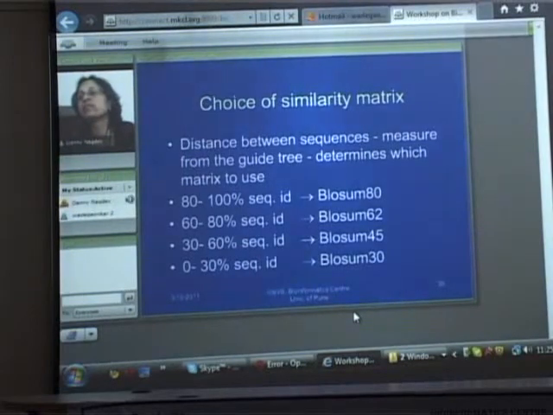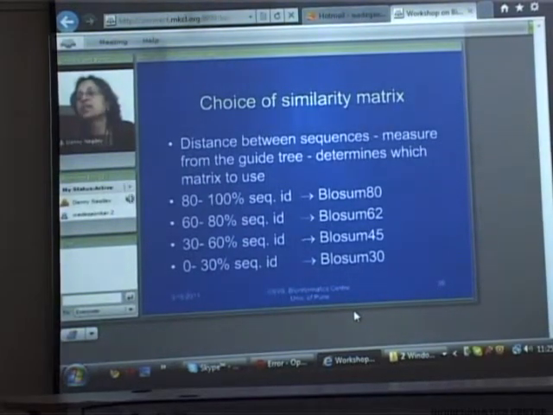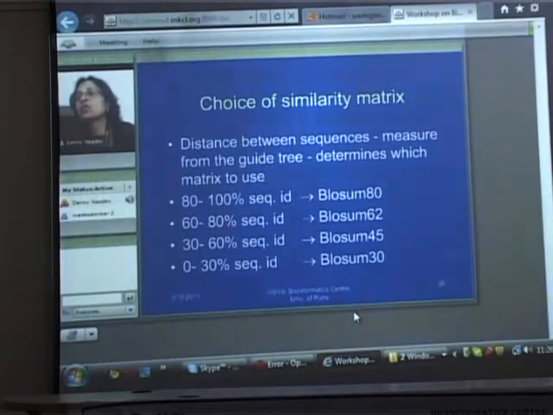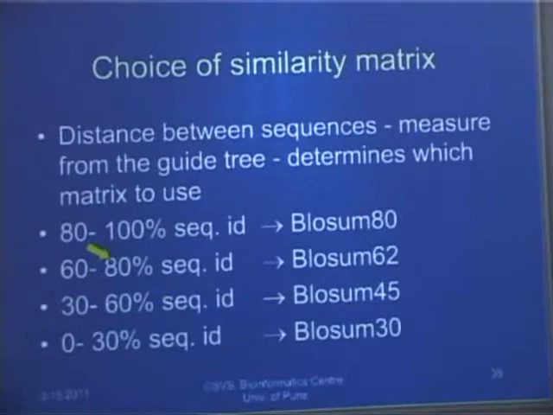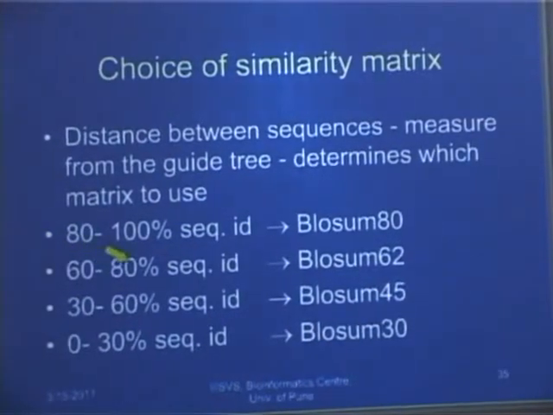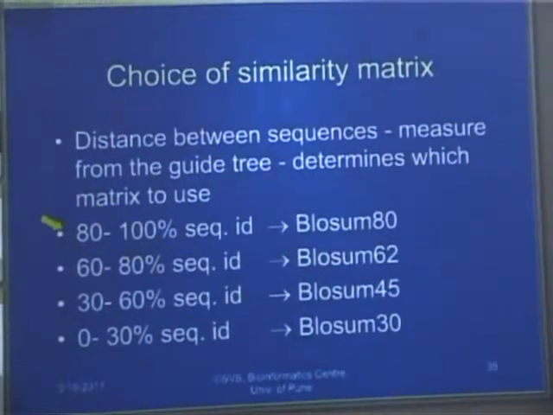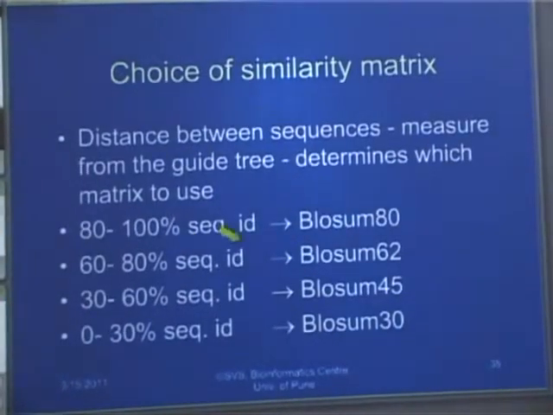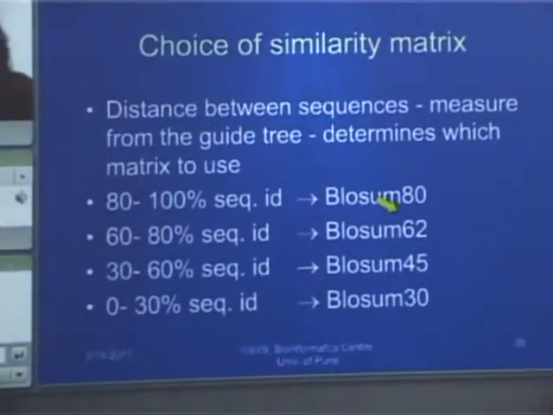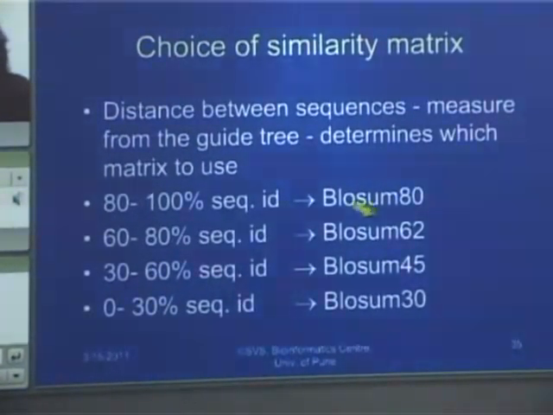Now, when we do the scoring, I mentioned that you take the values from the scoring matrices. So how does it choose? If all your sequences are in the range of 80 to 100% sequence identity, then it uses the Blosum 80 scoring matrix.